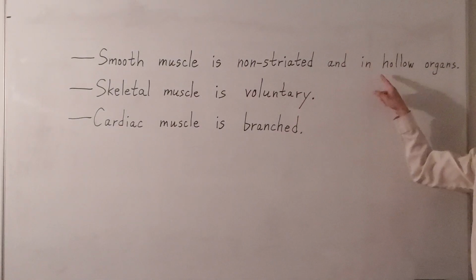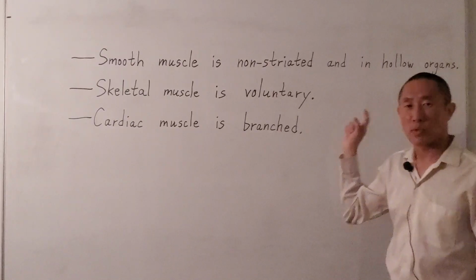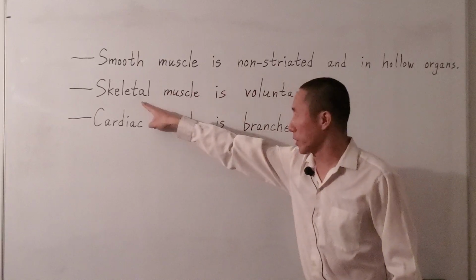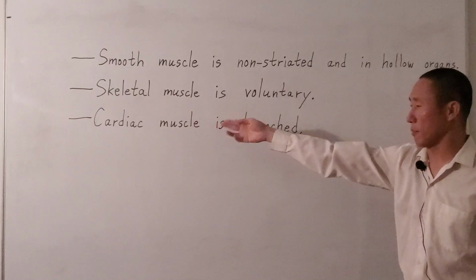Then we also remember smooth muscle can be found in hollow organs. And how come we don't need to figure out where we can find skeletal muscle and cardiac muscle? Because it's in the name.